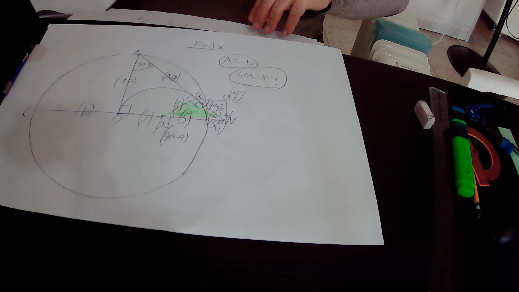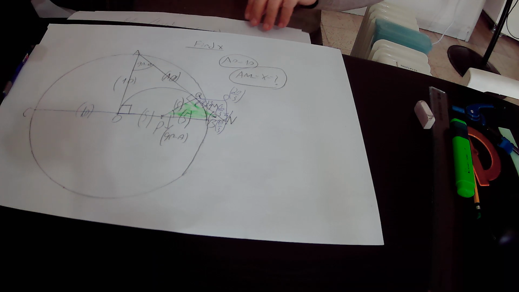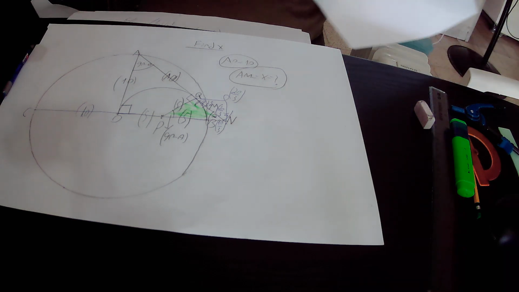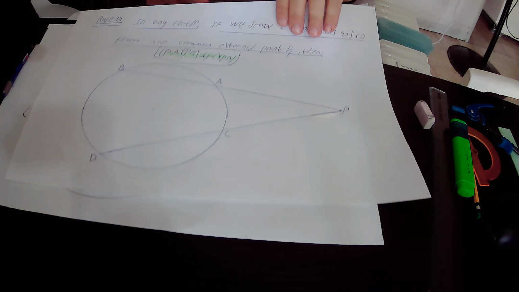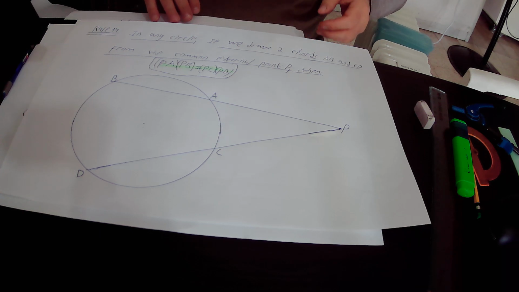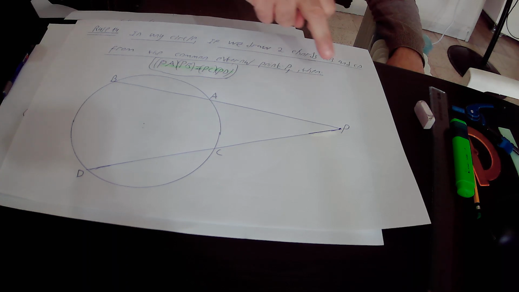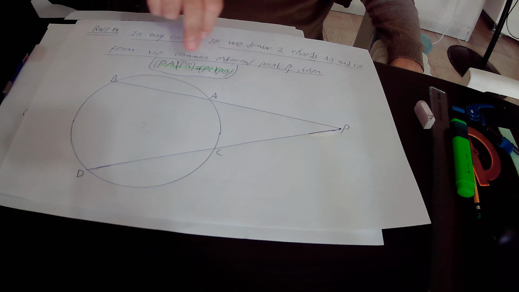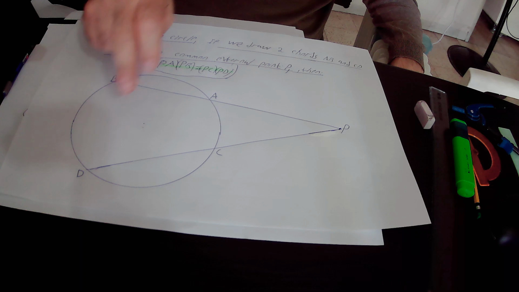Then I presented to you rule number 13 and implemented it in our drawing. Rule number 14: I presented to you rule number 14 and implemented it in our drawing. According to rule number 14, which is true in any circle, if we have a common external point P, we draw two line segments, PB and PD.